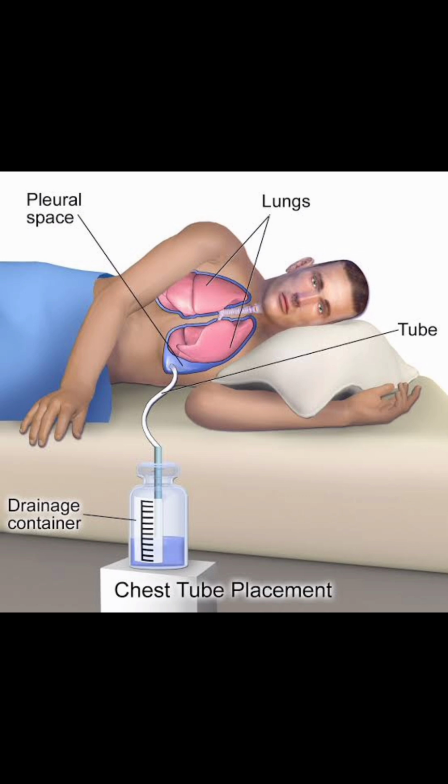Repeated spontaneous pneumothorax may need to be treated surgically by a partial pleurectomy, stapling or pleurodesis to promote adhesion of the pleurae to one another.